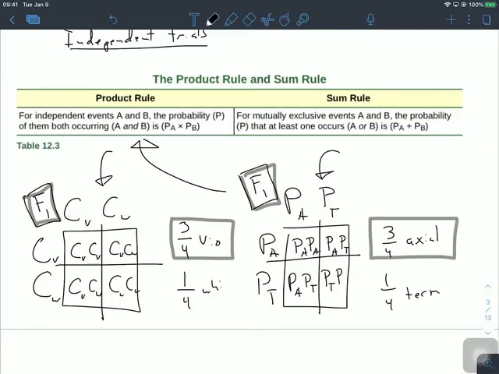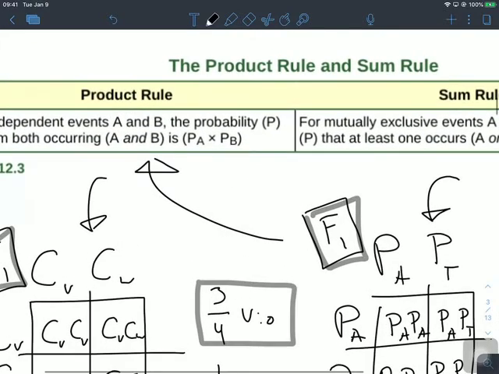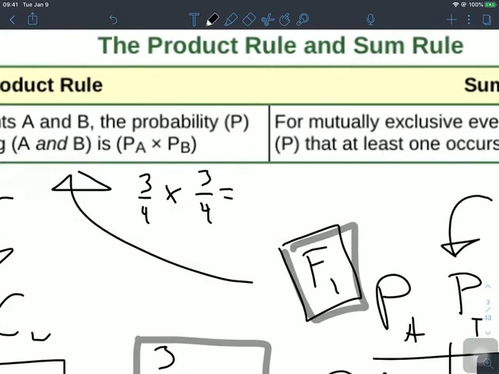You've got one pool from your color, one pool from your position. And since the probability of pulling a violet flower is 3/4, and then the probability of pulling an axial flower is also 3/4, the probability of getting both of these occurring in a single event is going to be the multiplier of this. And 3/4 times 3/4 is 9/16.